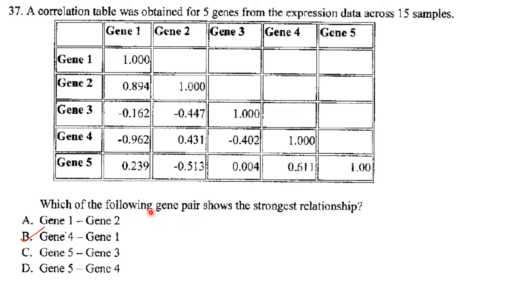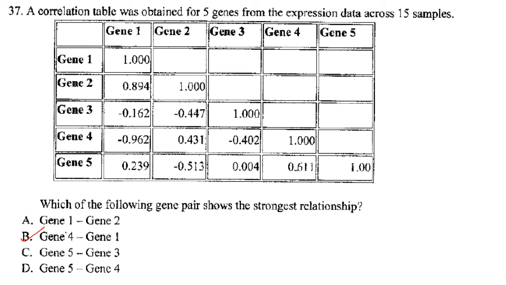They have asked which of the following gene pairs show the strongest relationship. So it is naturally this one, the very strong negative correlation, that is 0.962, minus 0.962. So the answer is option B. I have given a tabular column for positive and negative correlation for values of R between 1 and minus 1.